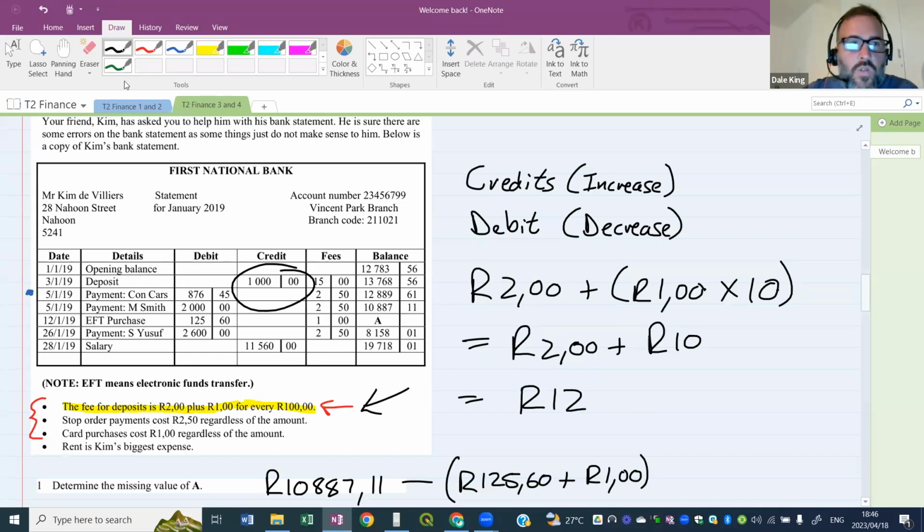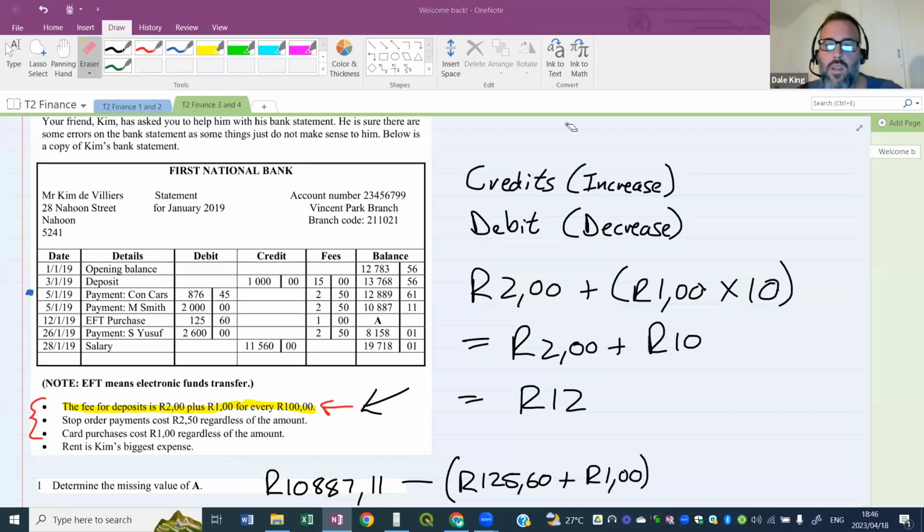So this 15 Rand that the bank is charging us, or Mr. De Villiers, is wrong. They've changed the balance correctly, but that 15 Rand shouldn't be there. It should be 12, and we should change the balance in a different way.